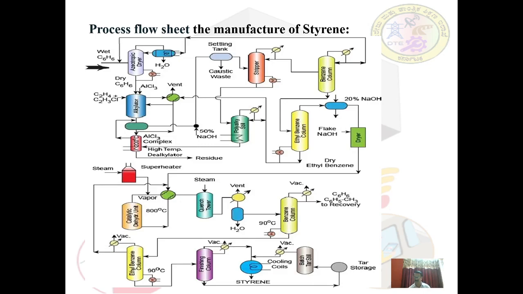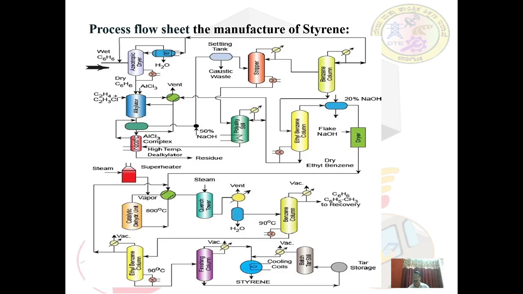Dehydrogenation of ethyl benzene is the second step, which produces styrene. Steam is injected with the hydrocarbon in a mole ratio of 15 to 1 water and ethyl benzene. The mixed feed passes through the preheater to achieve an input temperature of 500 degrees centigrade to the reactor, which operates at 800 degrees Celsius.